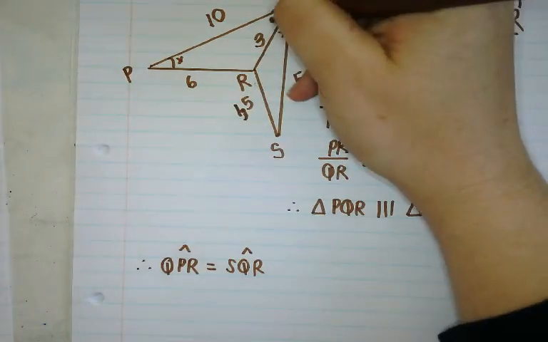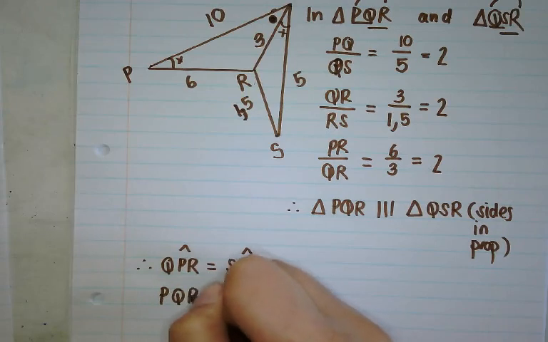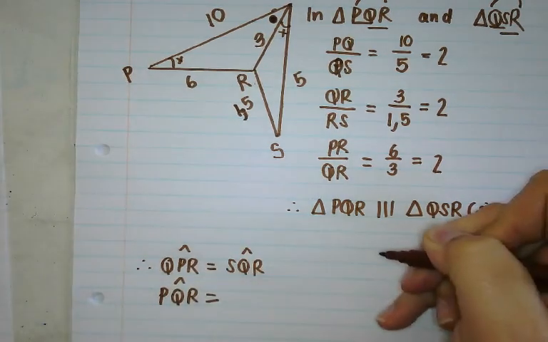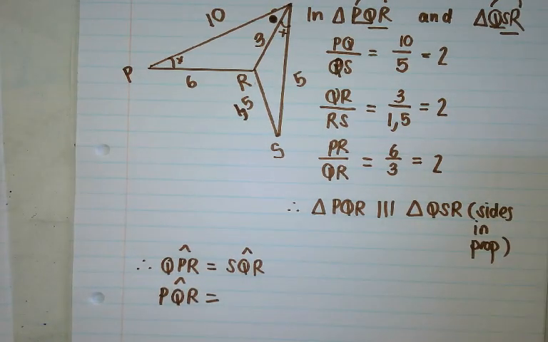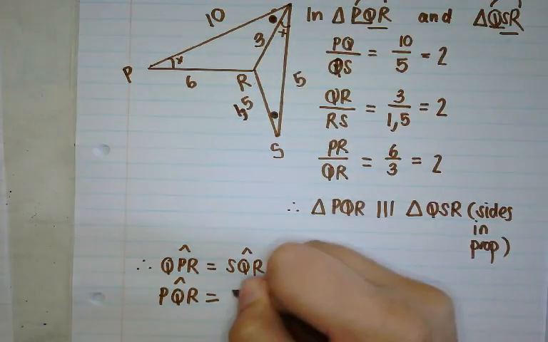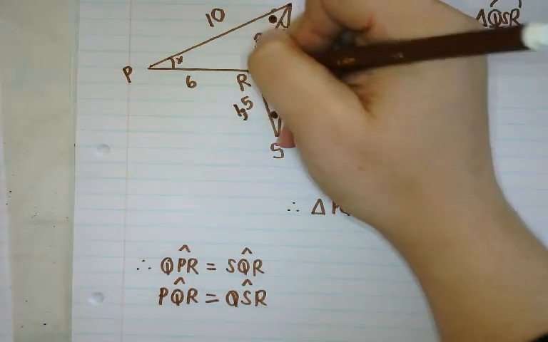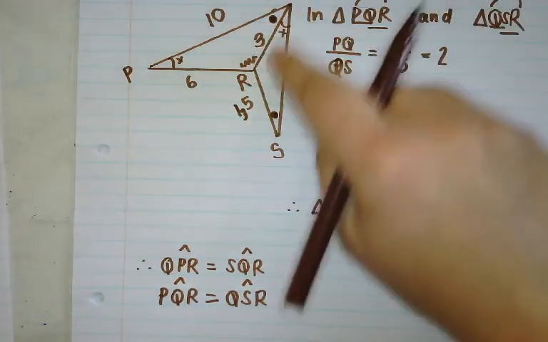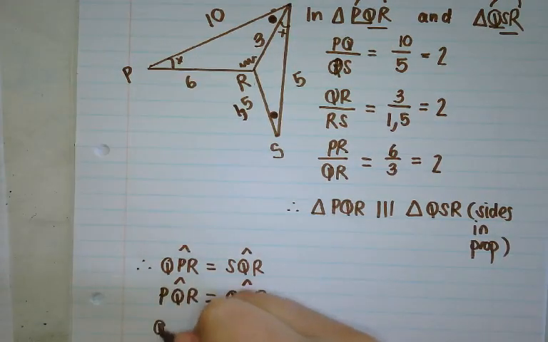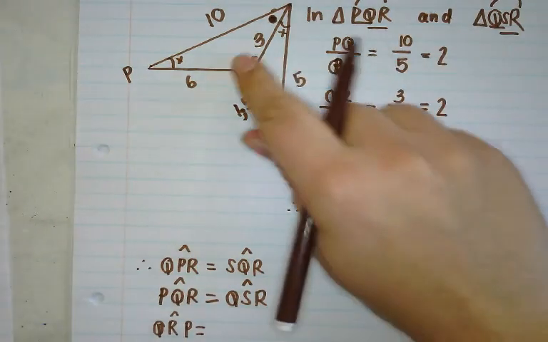PQR, so this dot over there, is going to be QSR, that dot over there. And my last one, QRP, is SRQ.